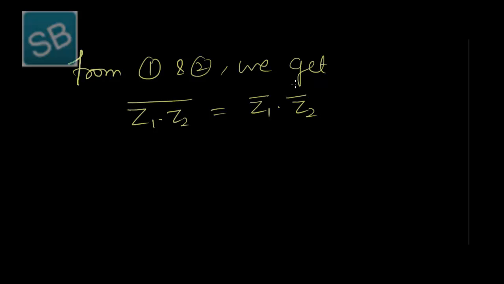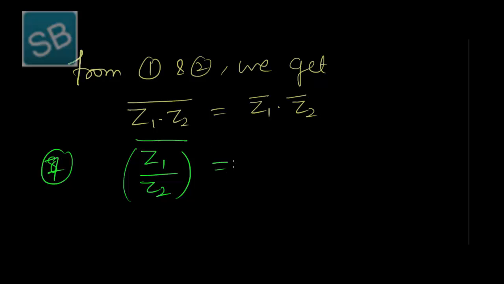So the next property is the quotient of two complex numbers. The conjugate of the quotient of two complex numbers is equal to the quotient of the individual conjugates. So the conjugate of Z1 over Z2, the whole conjugate, is equal to Z1 conjugate over Z2 conjugate.